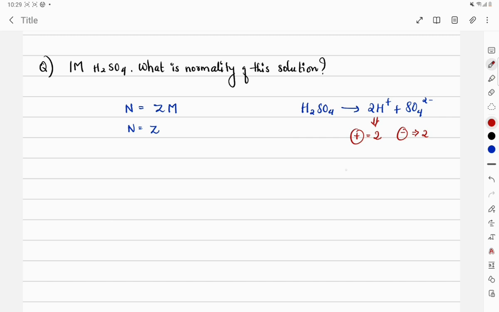So I got Z is equal to 2. Valence factor is 2. Since N is equal to Z, normality is also equal to 2. Then I can write 1 molar solution of H2SO4 is equal to 2 normal solution of H2SO4. This is what I'll be able to infer from this relation. Hope that's clear.